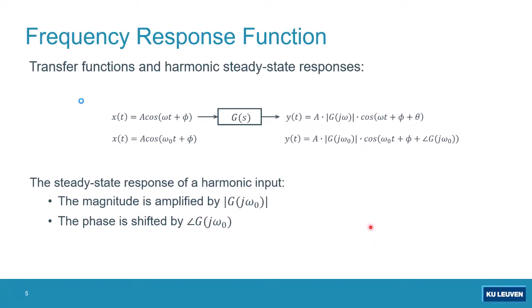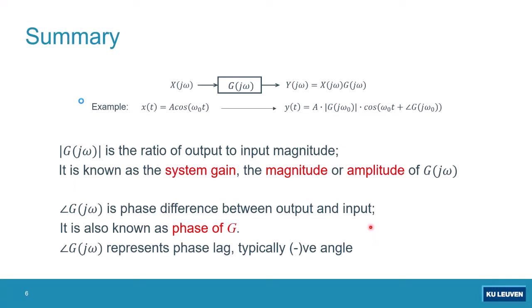That's what the frequency response function will tell us. To summarize again, if I have a system with a transfer function G(s) in the frequency domain, then it will be equal to G(jω).